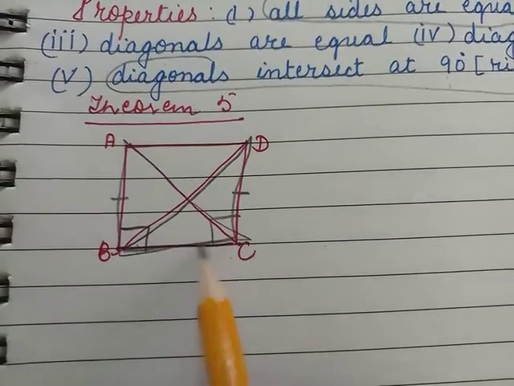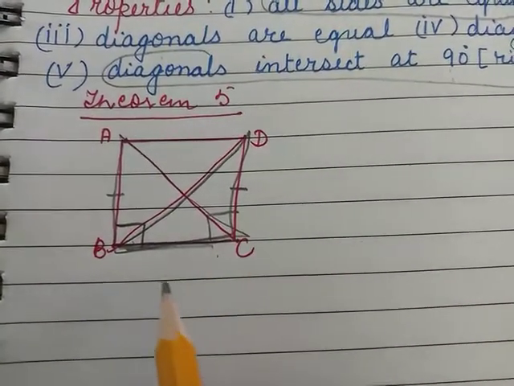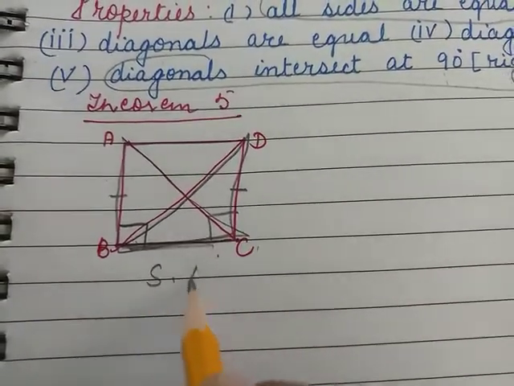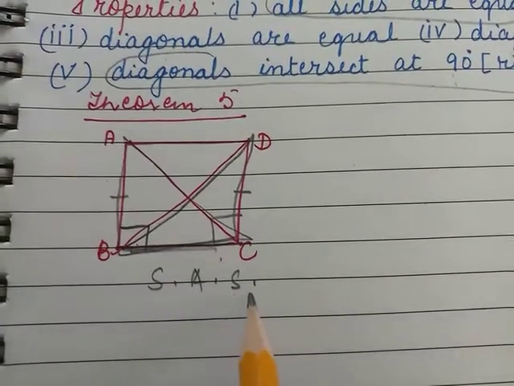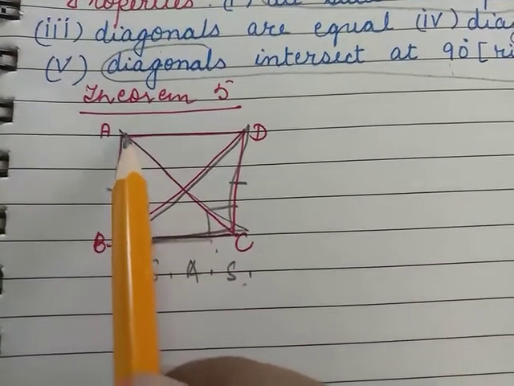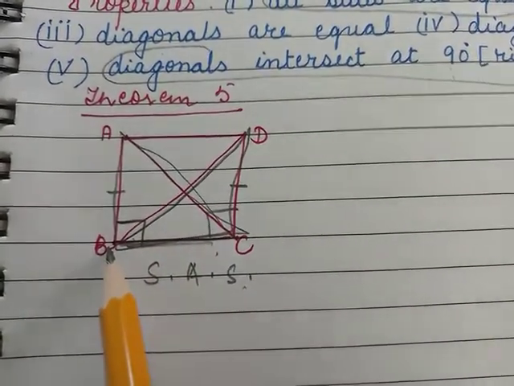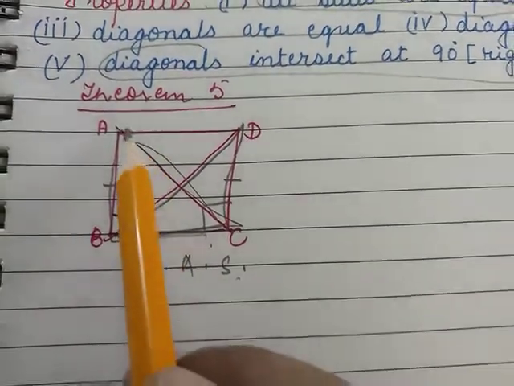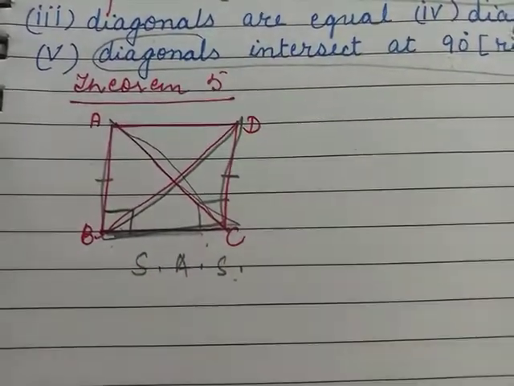BC is common to both, therefore the two triangles are congruent under the condition of side, angle and side. The moment these two are congruent, the remaining elements will become equal. Therefore AC will be equal to BD. So the first part we have proved: diagonal AC is equal to diagonal BD.